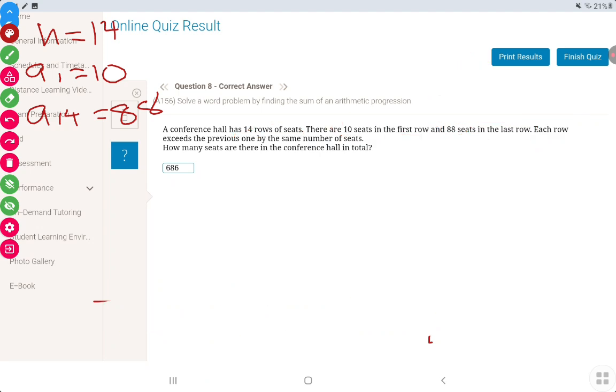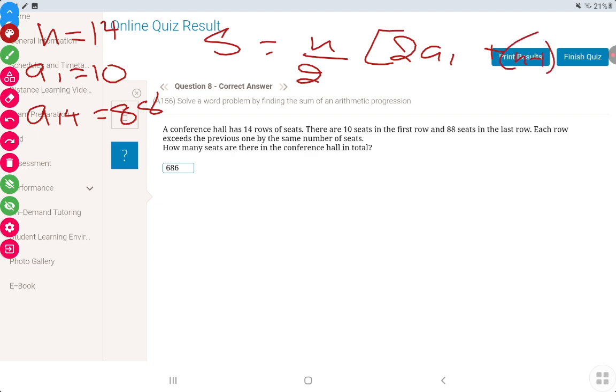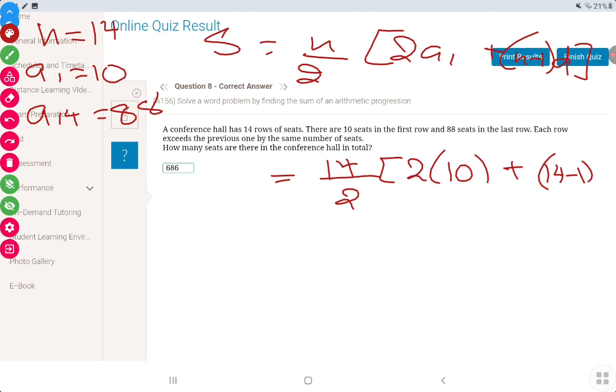Now they want the total number of seats, which is the sum. Sum is equal to n over 2 times 2a1 plus n minus 1 times d. Okay, so n is 14 over 2 times a1, a1 is 10, plus n, which is 14, minus 1 times d.